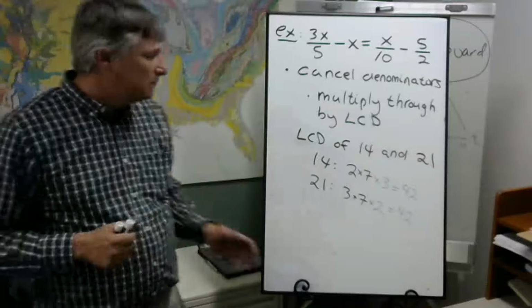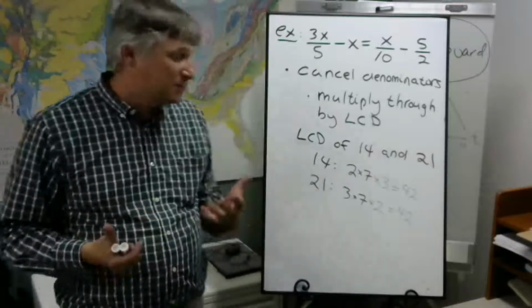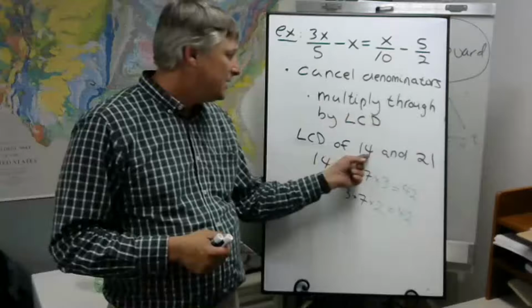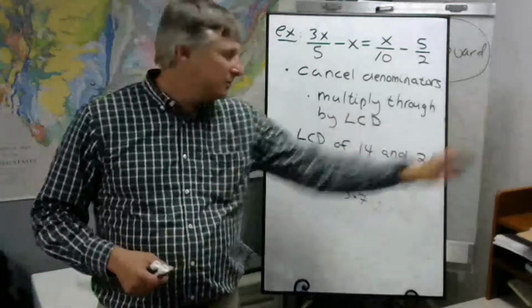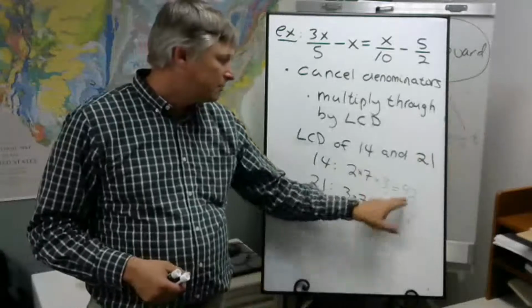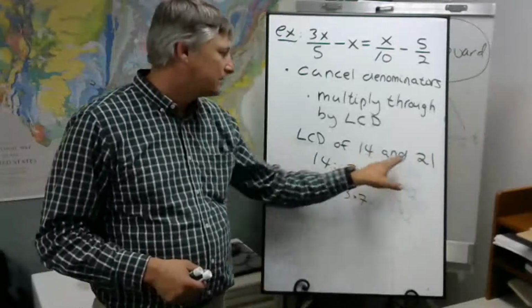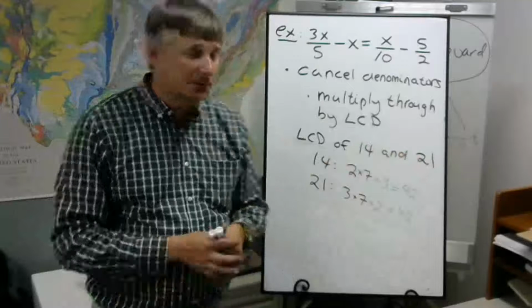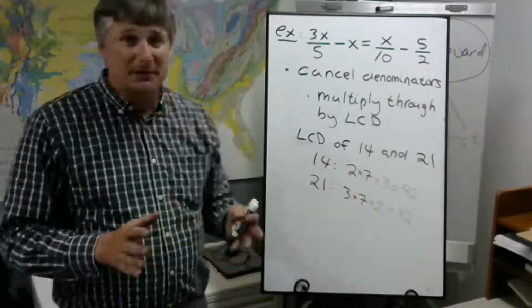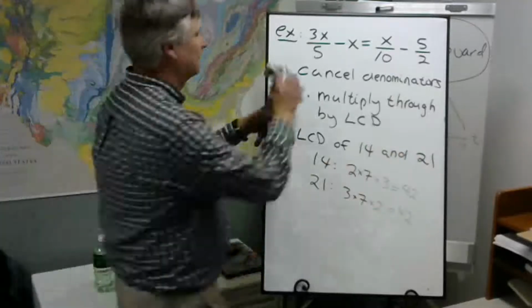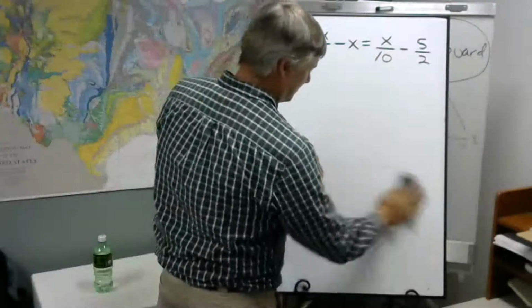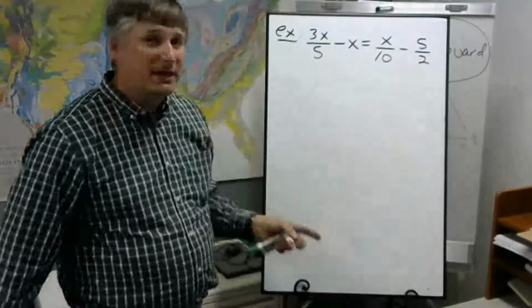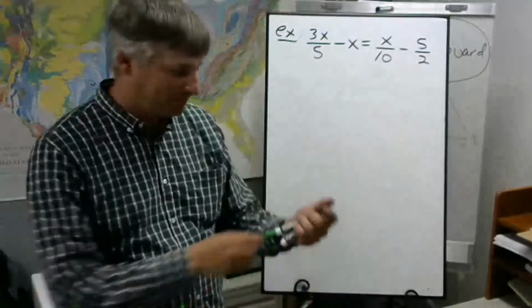So 42, basically what this is going to mean for us: if these were denominators, if we multiplied through by 42, 42 is the smallest number that will cancel those denominators. Well, let's see it in action. So 42 in that example was the LCD.